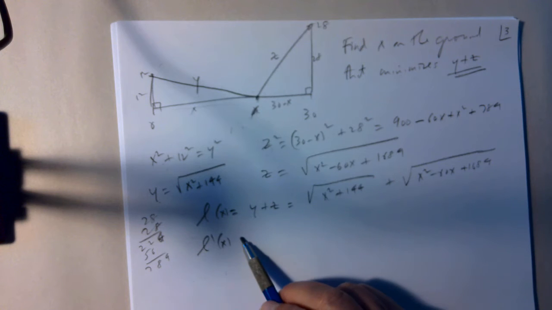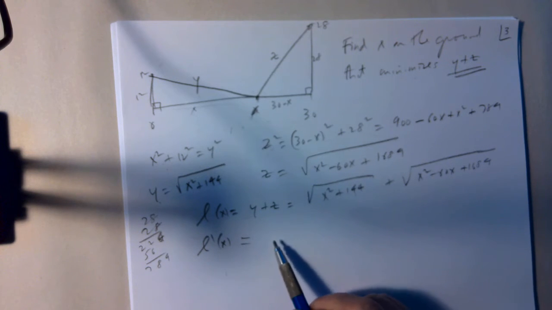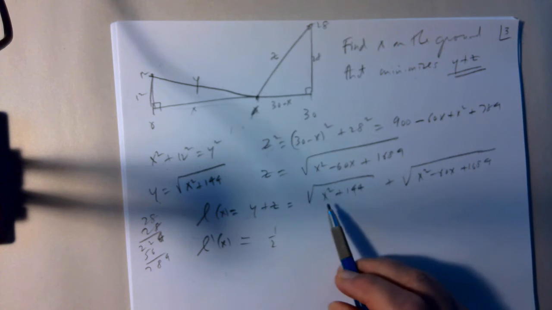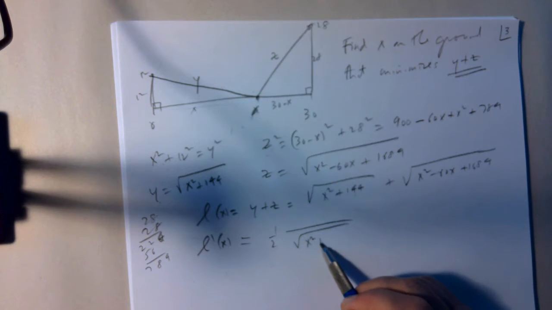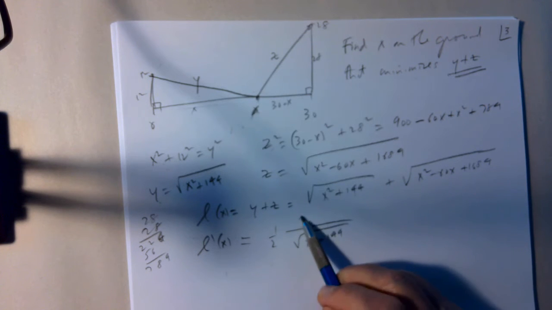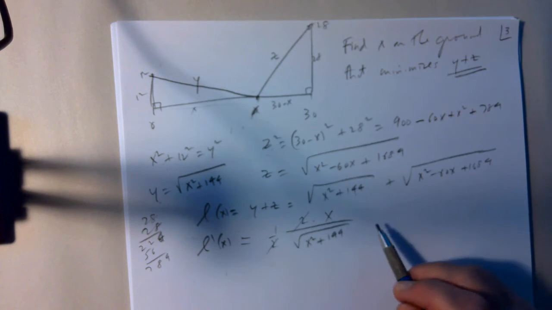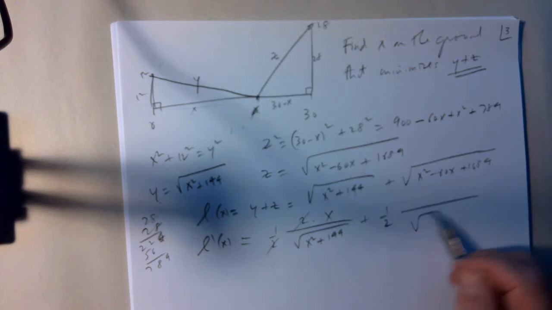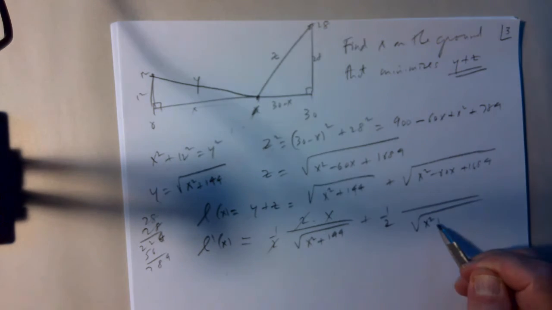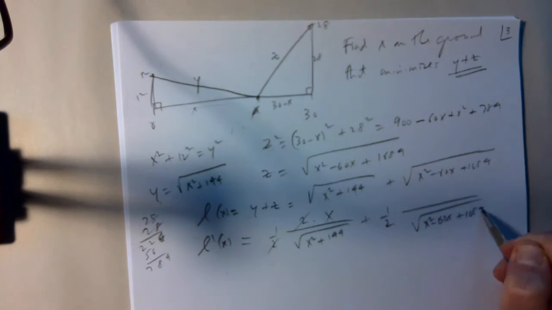So when you differentiate this, x squared plus 144 to the 1/2, you get 1/2, this to the minus 1/2, which is 1 over the square root of x squared plus 144, times 2 times x. And the 2's cancel. And when we differentiate this, we get 1/2, 1 over the square root of x squared minus 60x plus 1684.